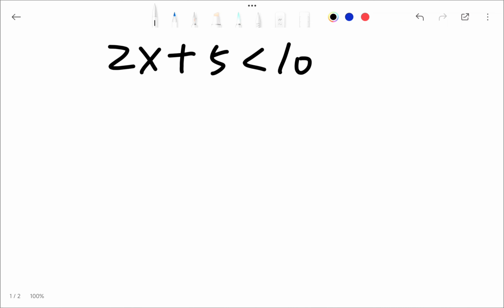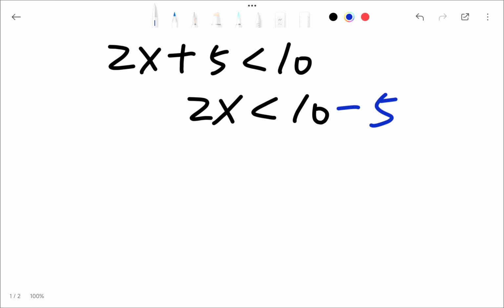Let's first move 5 to the right-hand side and treat this like an equation. Remember to change the sign of 5. And now we need to divide both sides by 2.